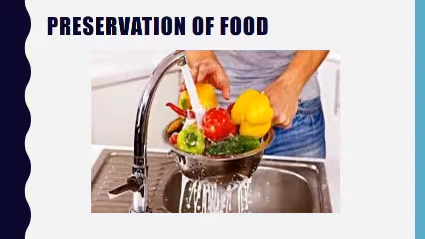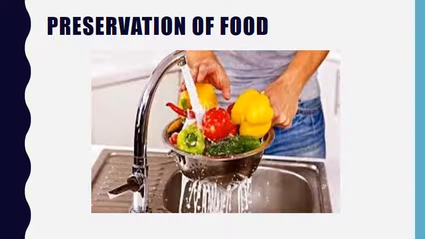Now the next thing, we should always wash the fruits and vegetables before cutting, because if we wash them after cutting, water-soluble vitamins and minerals will be washed away with the water. There are some minerals and vitamins which are very soluble in water.